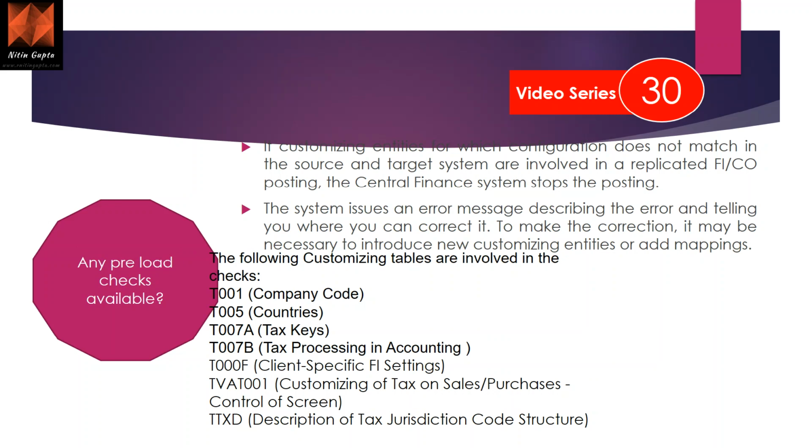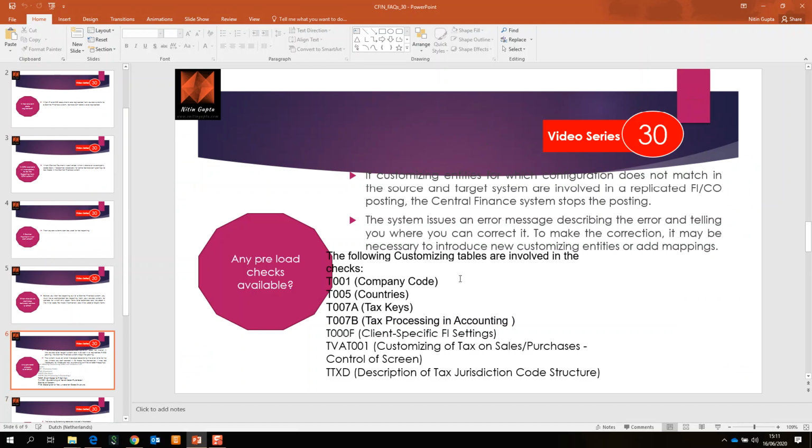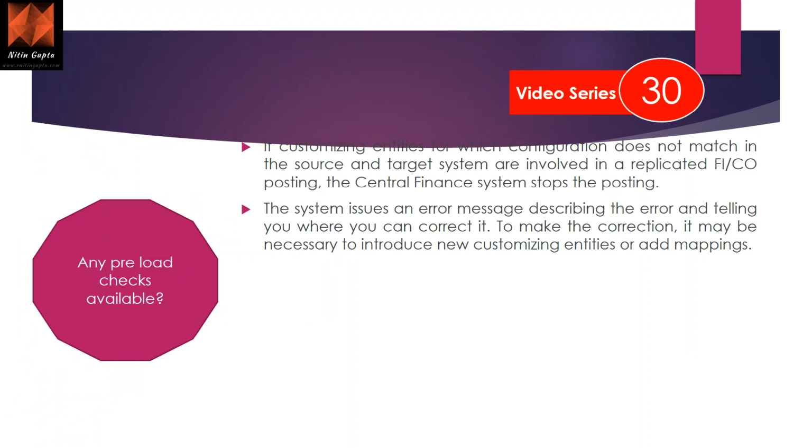Are there any preload checks? Yes, there are a few preload checks. If customizing entities for which configuration does not match in the source and target system are involved in what is replicated, then the central finance system stops the posting.